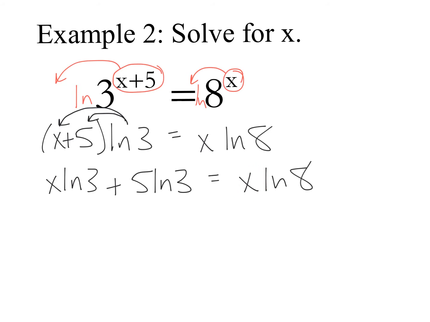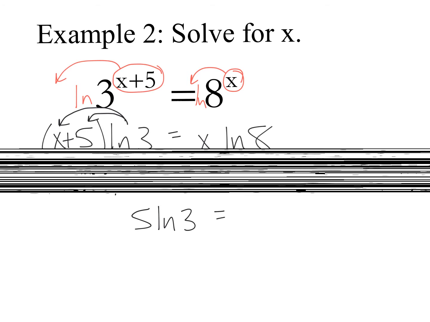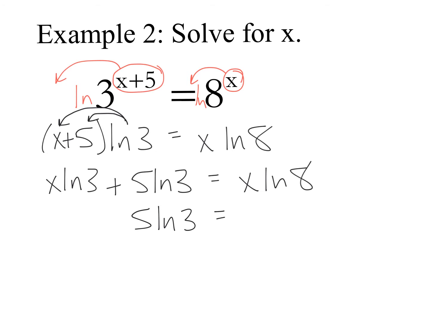That means you need to get your x's together on one side and everything else on the other side. So I'm going to move this entire term over to this side so that it can join the x. This side is going to stay 5 ln 3. That's just a decimal in your calculator. I'm just continuing to write 5 ln 3 equals x ln 8 minus x ln 3. All I did is move this term over to this side.